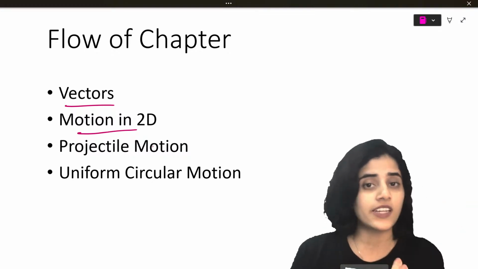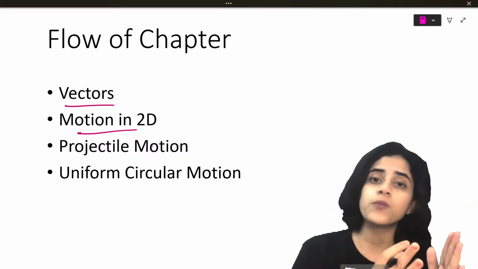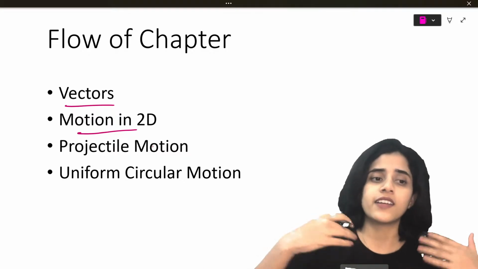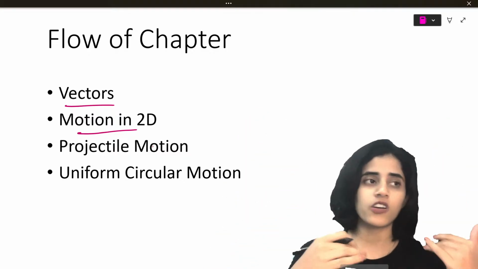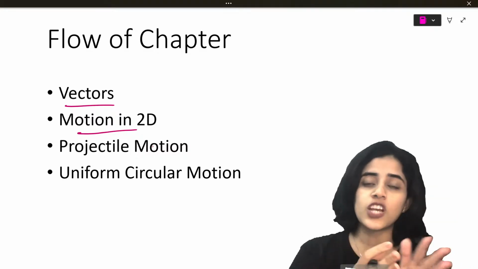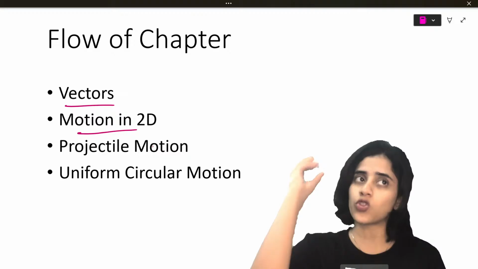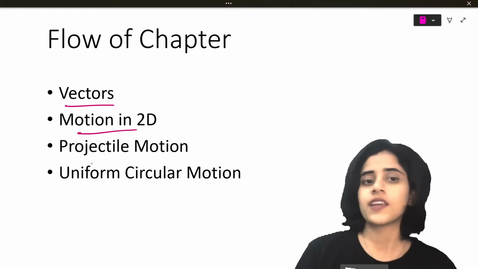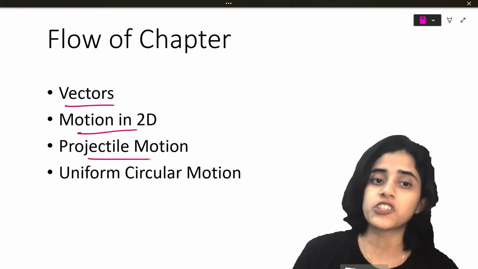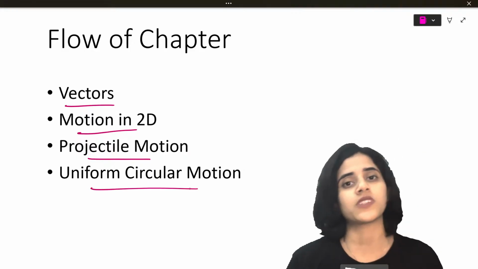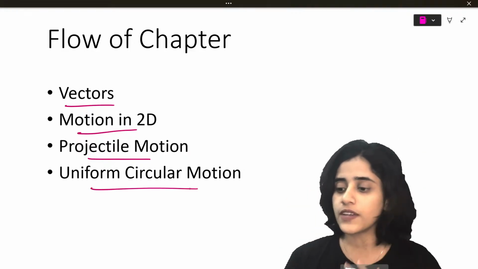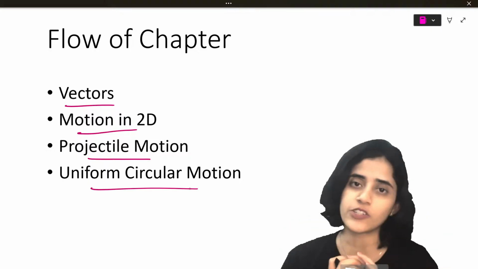In motion in a straight line, I've already taught you how objects move in a single dimension, like when you're walking straight or along one axis. In this chapter, we will learn how objects move in 2 axes, like when you throw a javelin. Examples for motion in 2D are projectile motion and uniform circular motion. So these are the 4 main topics that we are going to cover today.